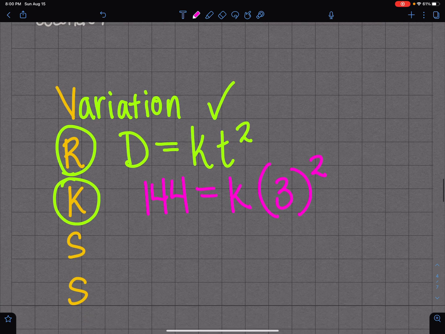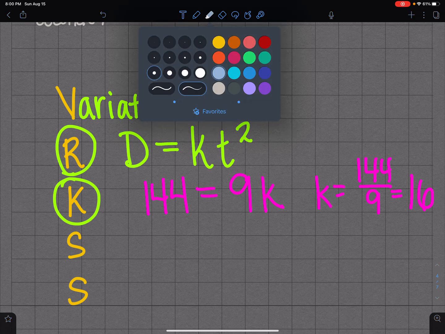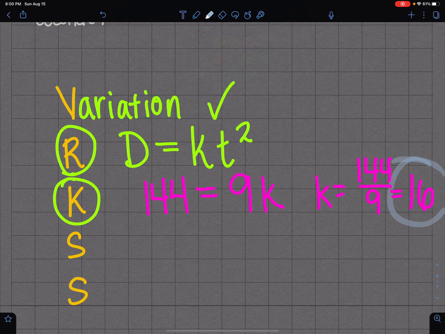So then this is going to be 144 is equal to 9 times K, all right? Then we divide both sides by 9. K is equal to 144 over 9, and that's the same as 16. Okay, easy peasy. So K is 16. Now that we know that K is 16, we've got half the battle won.